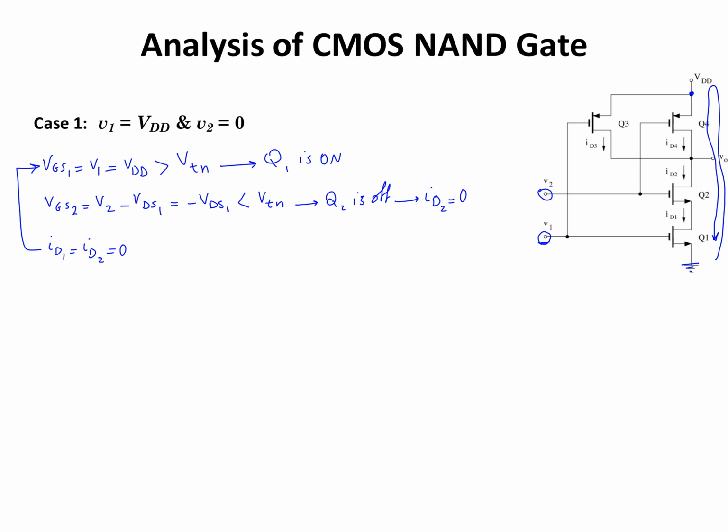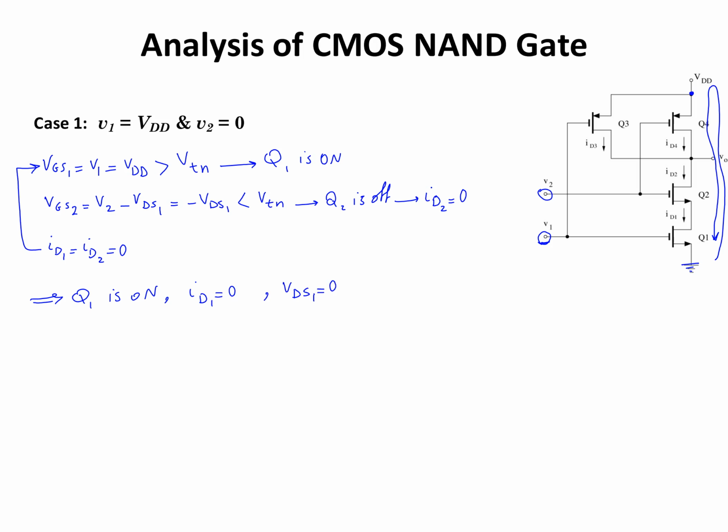We have already studied the case where the MOSFET is on with drain current equal to 0, and that happens when the transistor is in triode mode with VDS of 0 volts. So I have Q1 being on, ID1 equal to 0, and VDS1 equal to 0 as well.